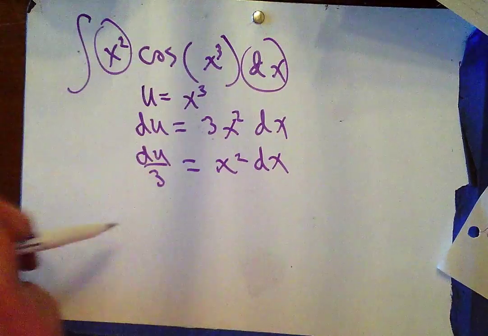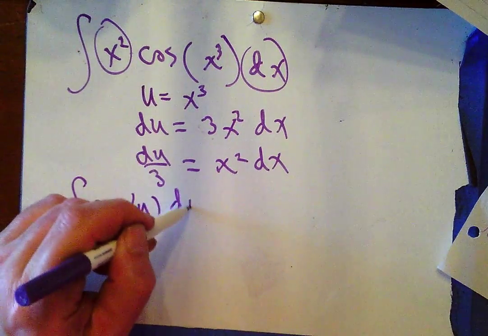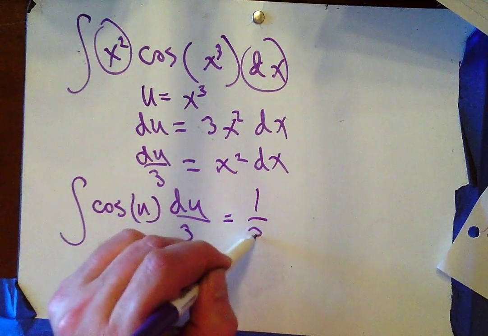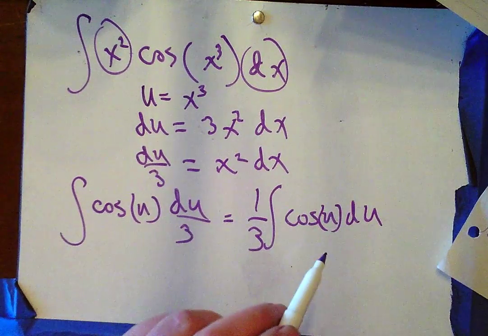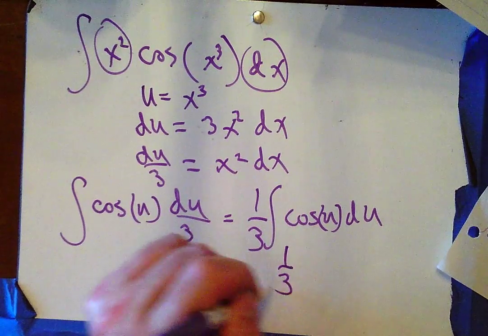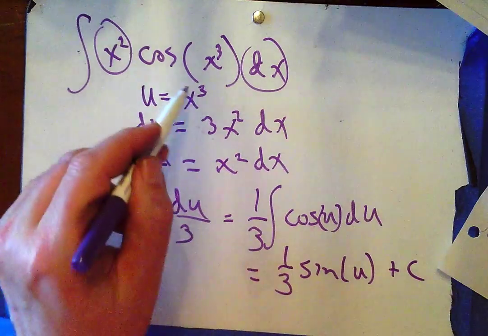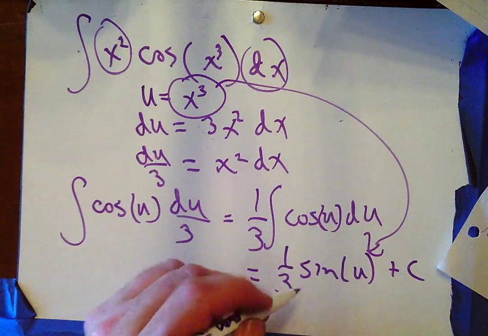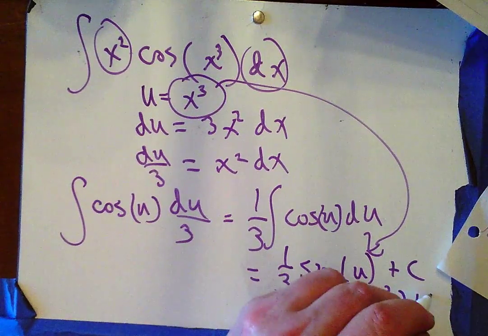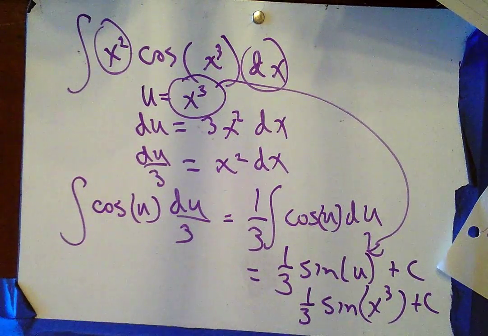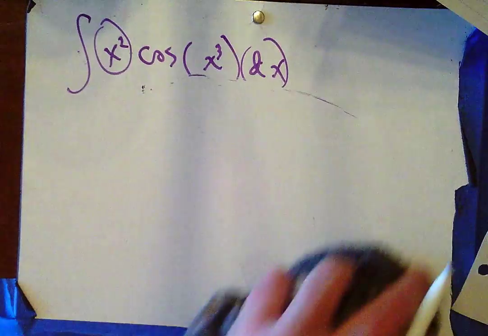There's x squared dx, so this can be rewritten as cosine of u du over 3, or 1/3 the integral of cosine u du. Antiderivative of cosine, well, that's just going to be sine of u. Don't forget the plus c, and don't forget to do that back substitution. Sine of x to the third plus c. Nice.